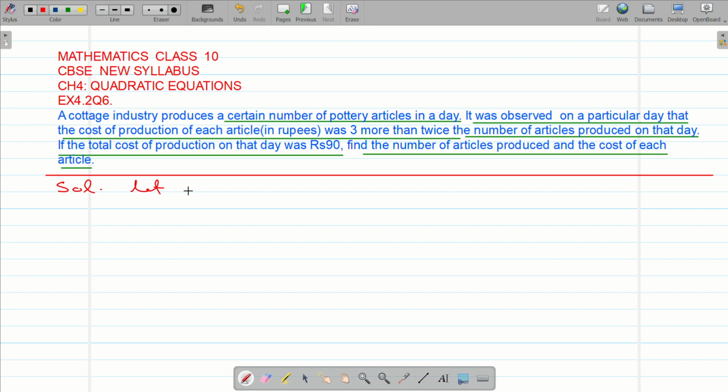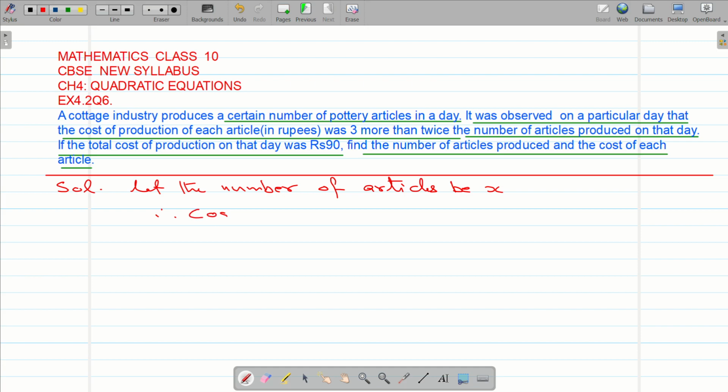Let the number of articles be x. Therefore, according to the question, the cost of production of each article is 3 more than twice the number of articles.